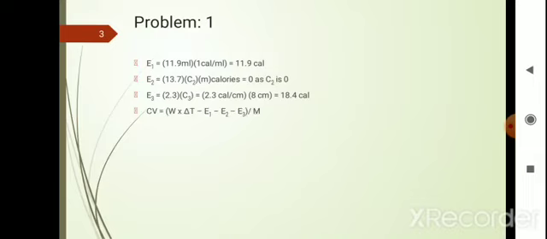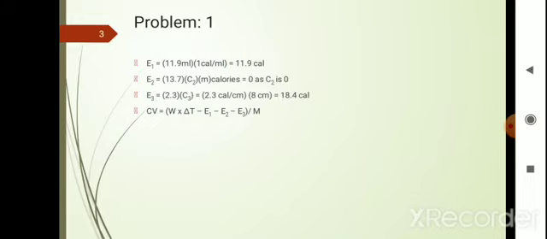Now this is our basic equation. Our calorific value H is equal to W into delta T minus E1 minus E2 minus E3, divided by M. Here W is the heat capacity or water equivalent of the calorimeter, delta T is temperature rise, capital M is mass of the sample, and E1, E2, E3 are the error correction factors.